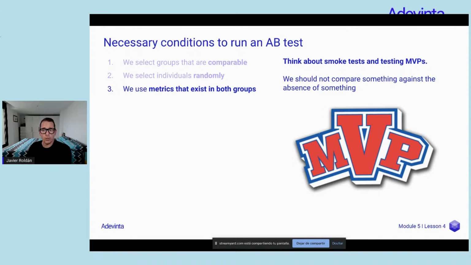So that goal, or the metric that represents our goal, must exist in both groups. We should not compare something against the absence of something. In these situations, it is best to do a smoke test or treat the case as an MVP, depending on the product phase that you are in.